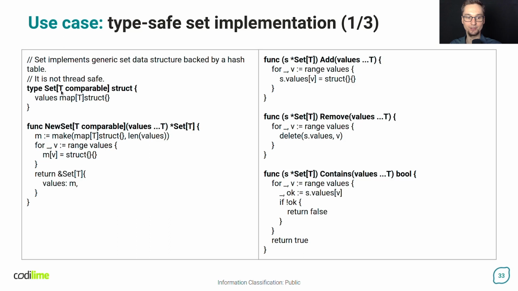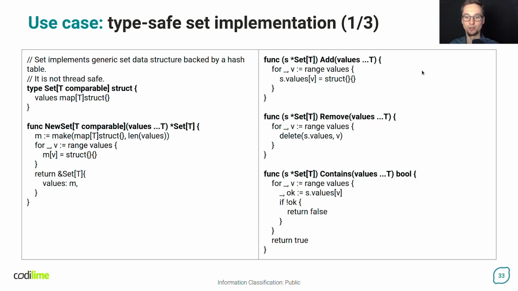And this type T is used in a values map. It is the type of the key of this values map. Okay, and we can see a constructor of Set, which has the same type parameter, and it constructs and returns the pointer of this Set.